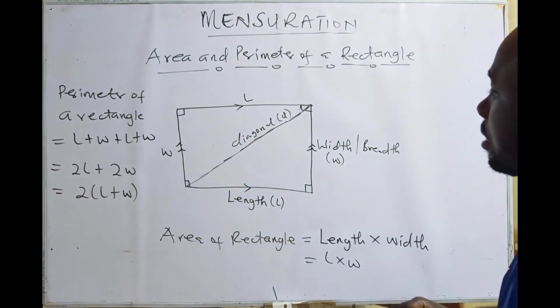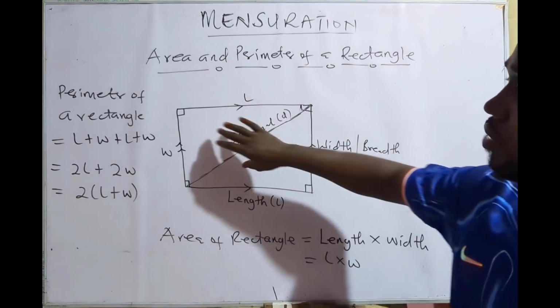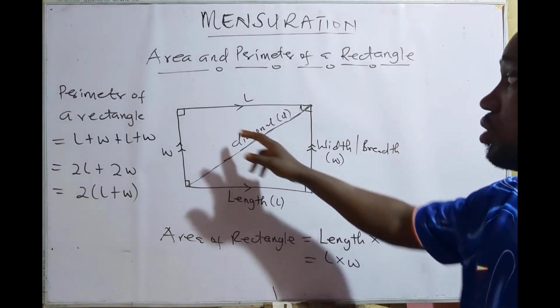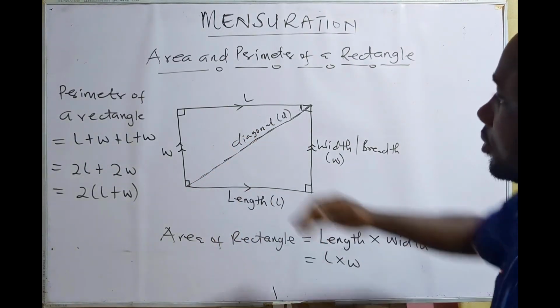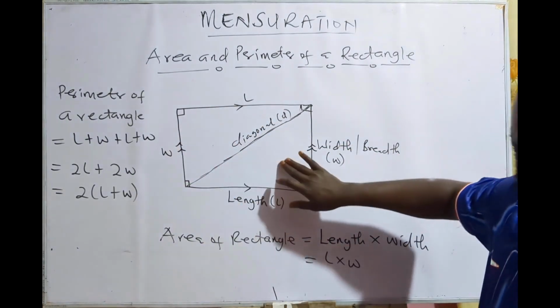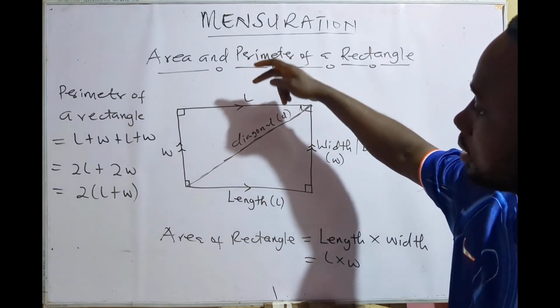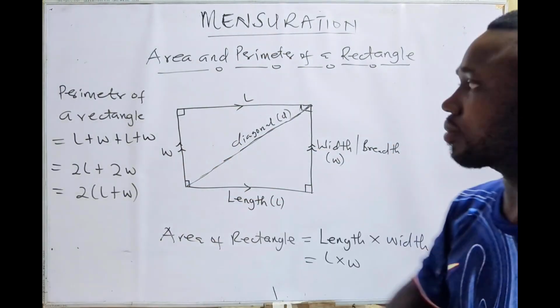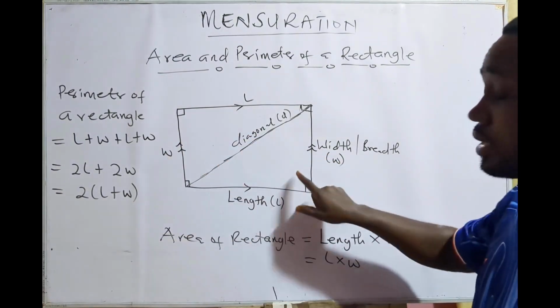The moment you have your diagonal like this, it means the diagonal will divide the rectangle into two equal halves. So this side becomes the same as this side, the reason being that the length becomes the same as the length, and the width the same as the width here. Here is 90, here is 90.